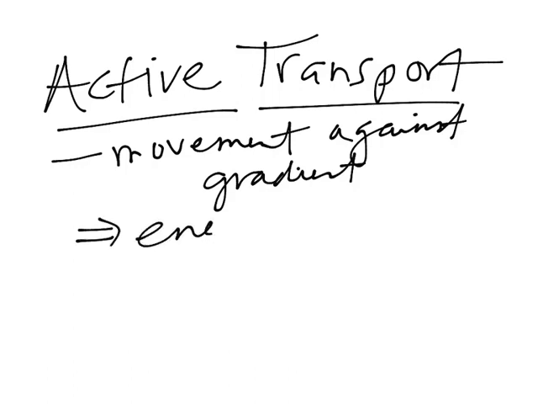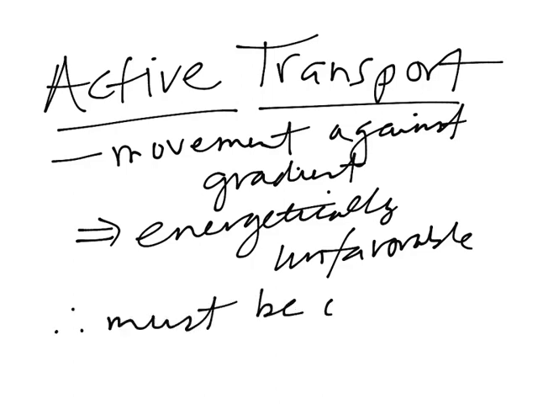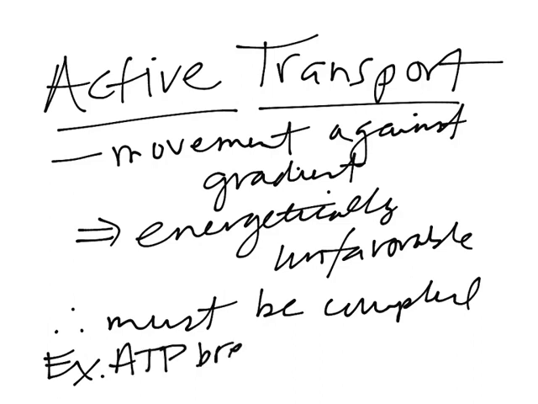So this is going to be an energetically unfavorable process, which means it has to be coupled to another process that will yield the energy for the active transport to happen. So some examples of those types of processes that active transport is coupled to, it could be the breakdown of ATP, which is our chemical storage facility for energy.